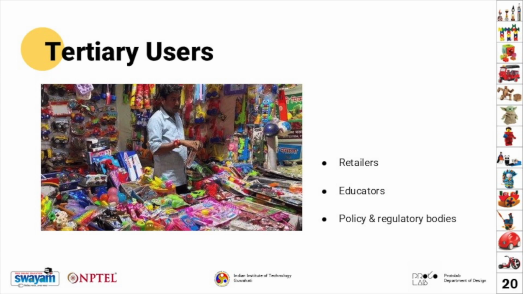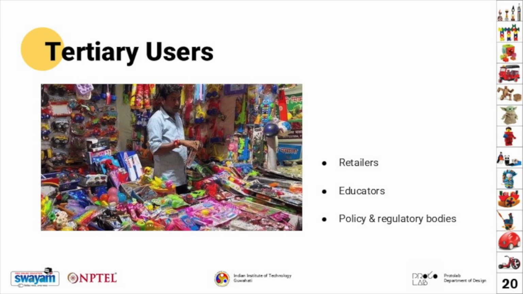Retailers care about shelf appeal, packaging, price point, and category fit. Educators look for curriculum alignment, classroom usability, and group play potential. And regulatory bodies focus on compliance, safety, and standards.